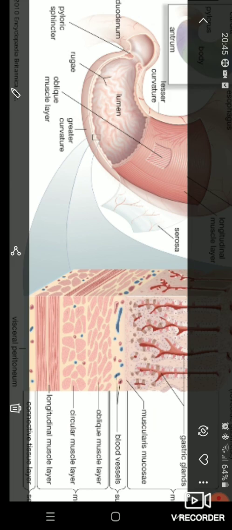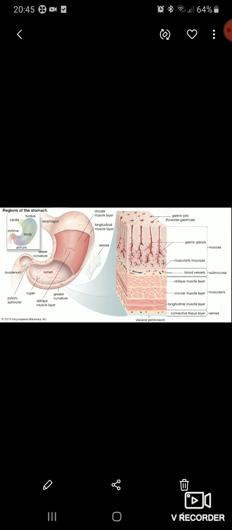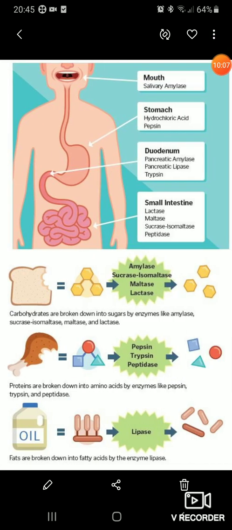Metabolism of glucose. Glycogenesis. Excess of glucose from blood is converted into glycogen and stored in the liver cell. Glycogenolysis. Whenever needed, glucose is obtained by the hydrolysis of glycogen. Gluconeogenesis.